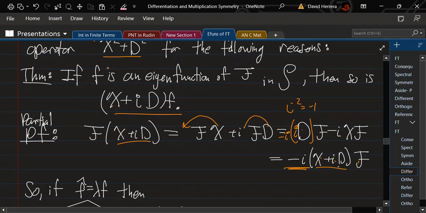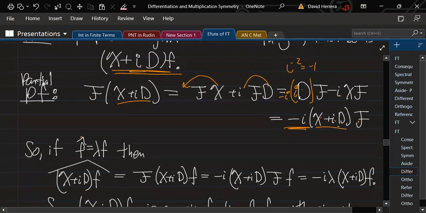If f is an eigenfunction, this thing is going to be an eigenfunction with a different eigenvalue. Let's see why. f hat is lambda f, so f is an eigenfunction of the Fourier transform. Now we calculate the Fourier transform of x plus id times f, to see if it's an eigenfunction. We know this identity: you can interchange them, the Fourier transform comes over here, and we get this except with a negative i.